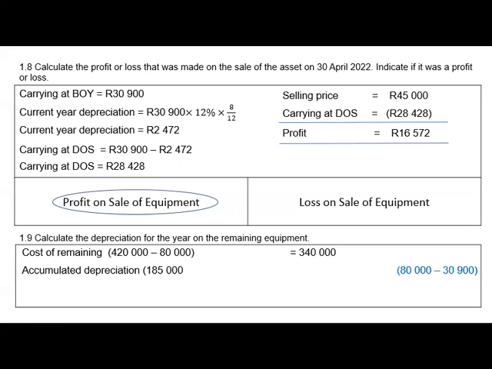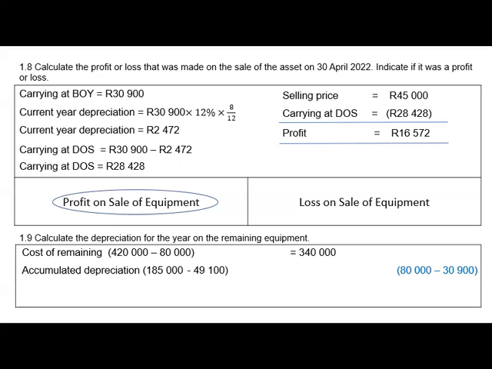Note, you can write it this way. 80,000 minus X, representing accumulated depreciation, is equal to 30,900. You'll end up having minus X is equal to 30,900 minus 80,000, and that will give you negative 49,100. But then the negatives cancel and you will end up having 49,100, which is the accumulated depreciation.